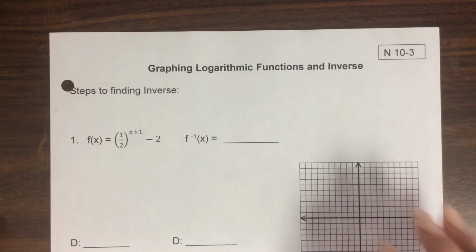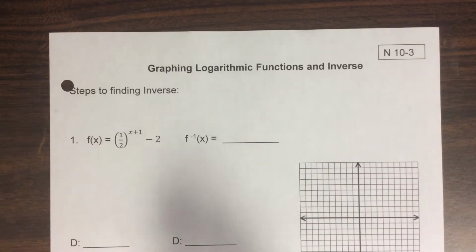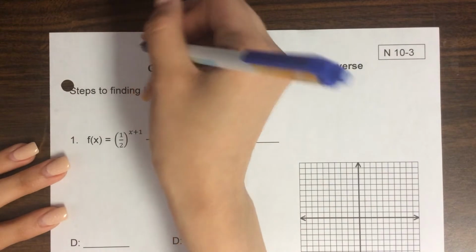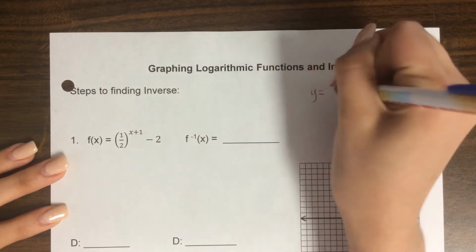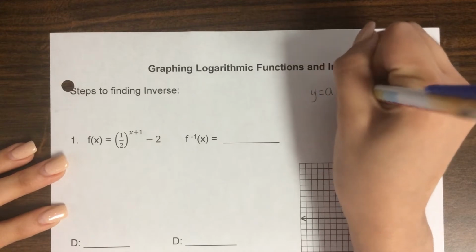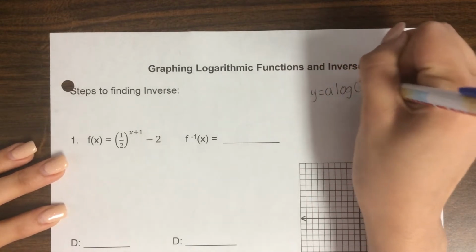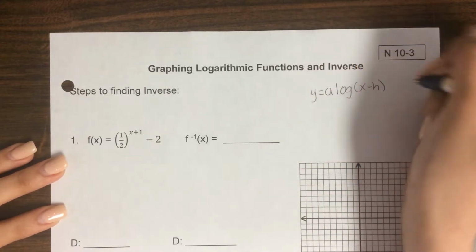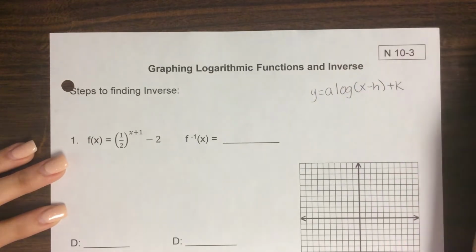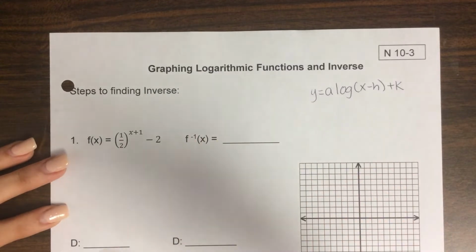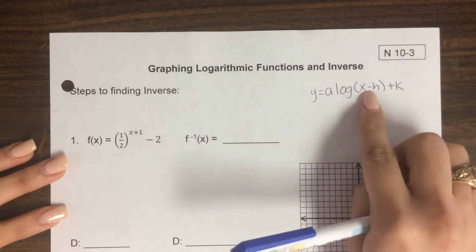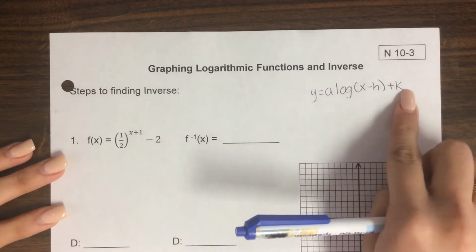I know there's going to be graphs on the notes and the assignment, but when I'm talking about graphing, I'm going to be talking about when we are dealing with, I'm going to write it on this side, y is equal to a log x minus h plus k. That's what we're going to be talking about. So I'm going to be talking about transformations, like what my a means, h, and my k.